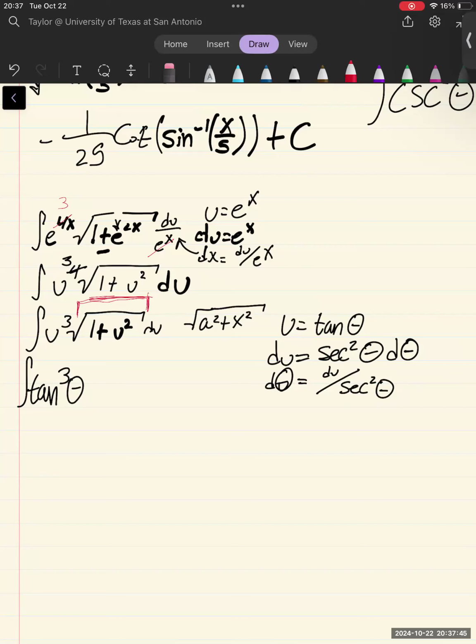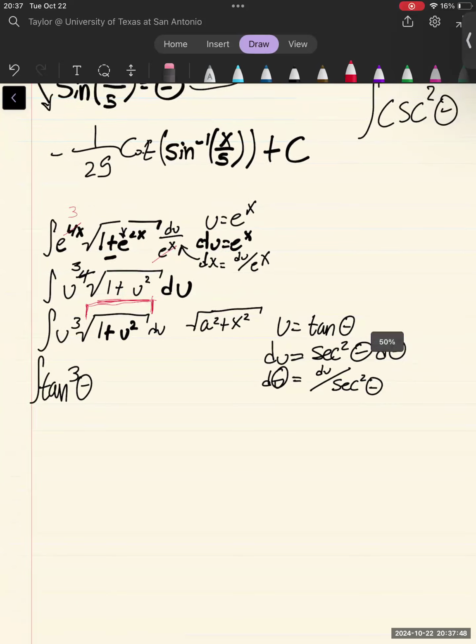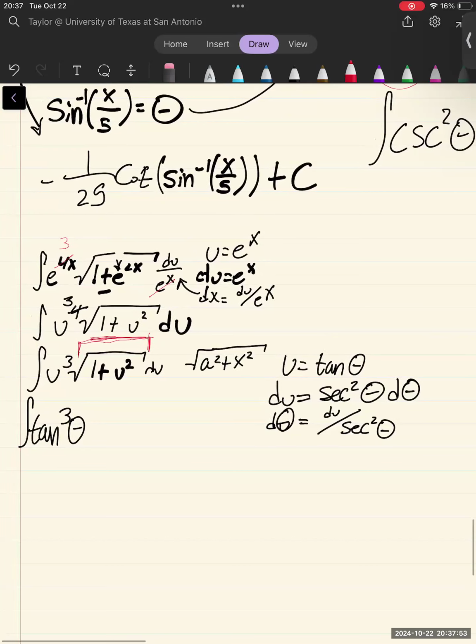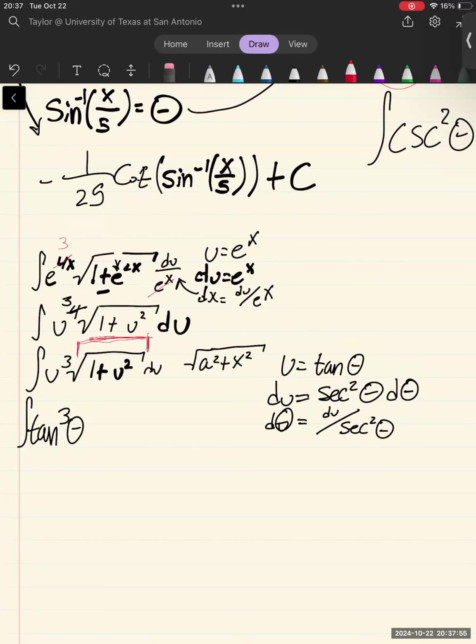Wouldn't that just be secant squared? Group consensus? So then I've got secant theta. Right? Do we agree? Everybody in agreement?